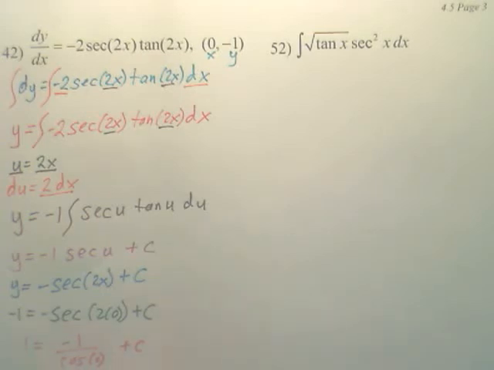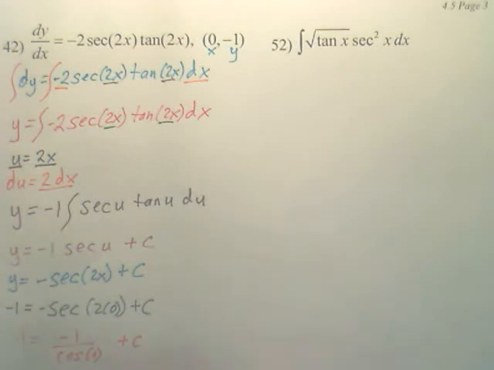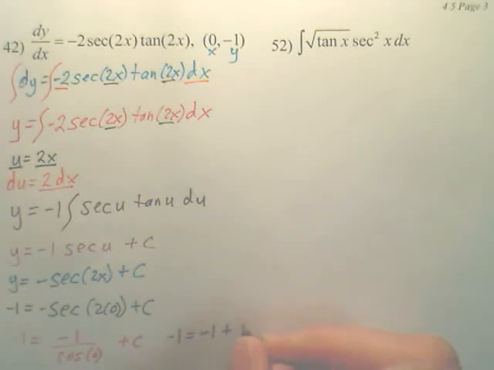So we end up with negative 1 equals negative 1 plus c. So when you add this over, what do you get? You get c equals 0.